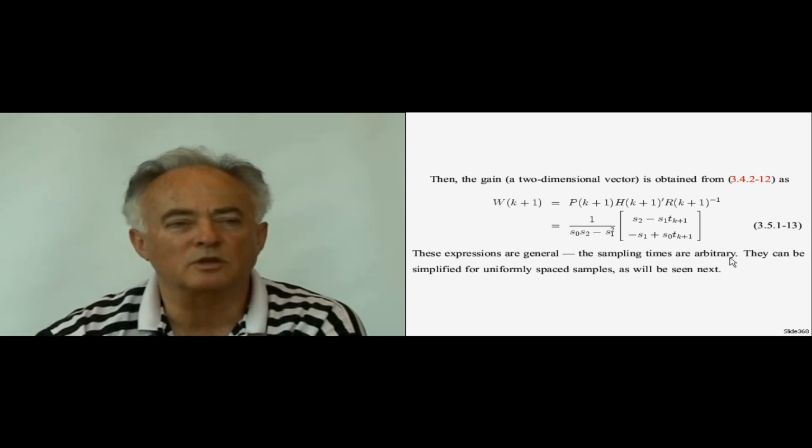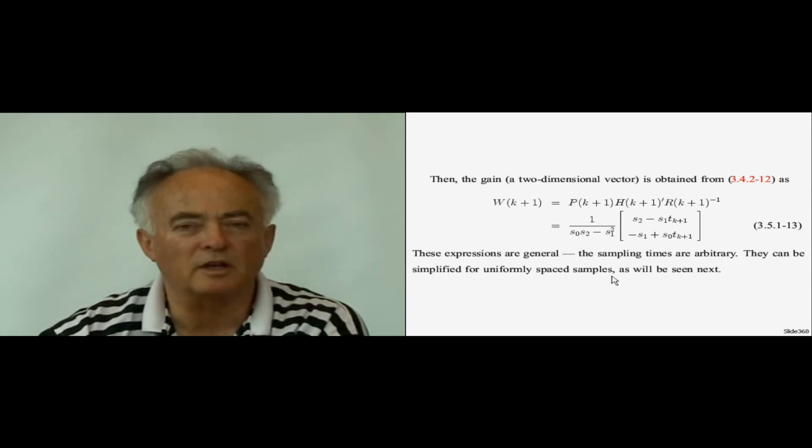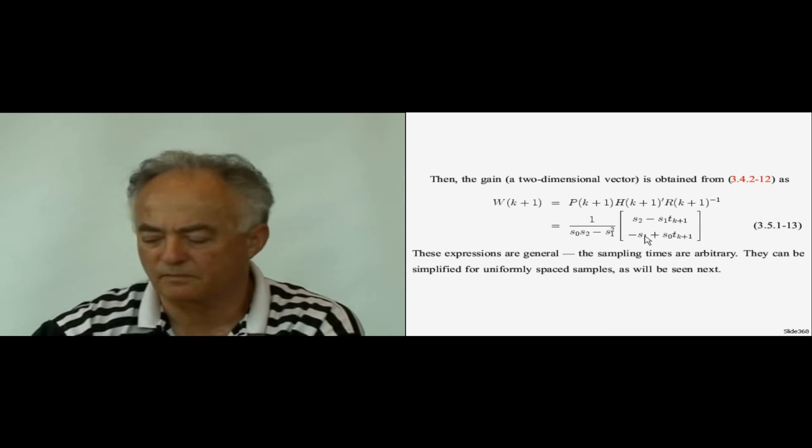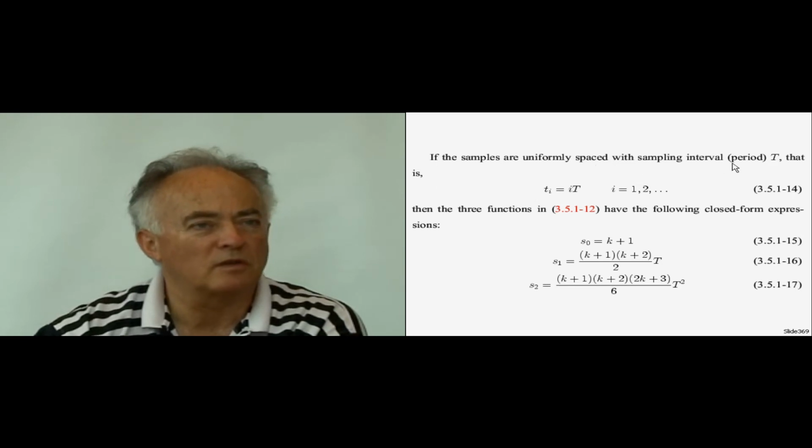Now, up to this point, everything was done with arbitrary sampling times. In most cases, the sampling points will be uniformly spaced. Therefore, we can simplify by finding explicit expressions for these sums. So, if the samples are uniformly spaced with interval or period T, Ti is iT, i going up to k plus 1 here.